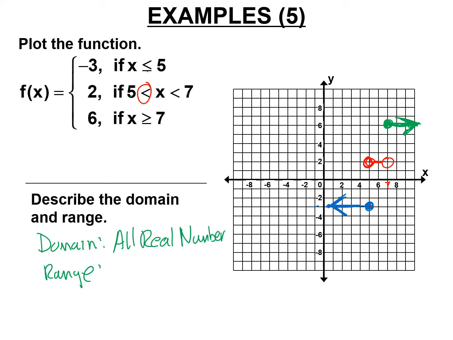Every number is covered for domain. Now look at the range. The range is 3 numbers. Y can be equal to -3, 2, and 6. It can't equal any other numbers, nothing in between those. That's typical range for a step function.